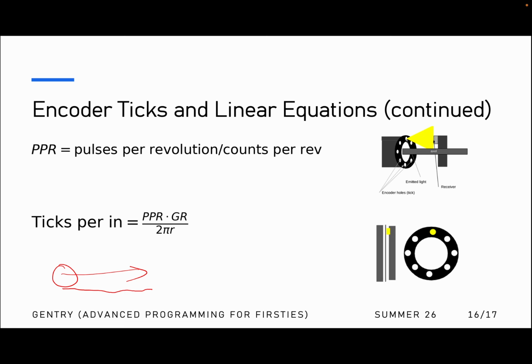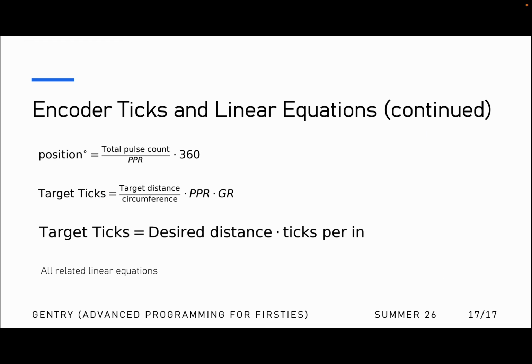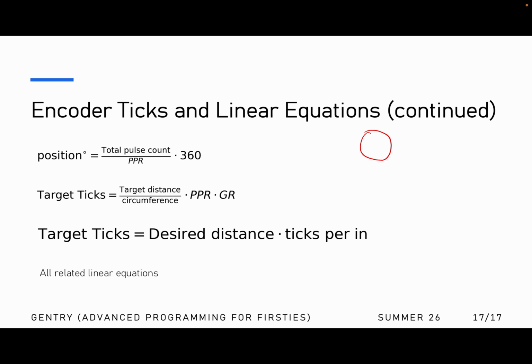So then we can derive that, hey, if we multiply our pulses times our gear ratio and divide it by our circumference, we get how many ticks are per inch. And each one of these little passes of the yellow light is going to be a tick. So then we can derive a bunch more equations from this, where our position in degrees is our total pulse count divided by our pulses per revolution.